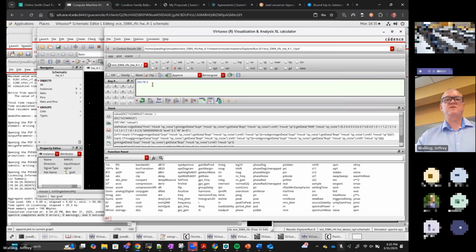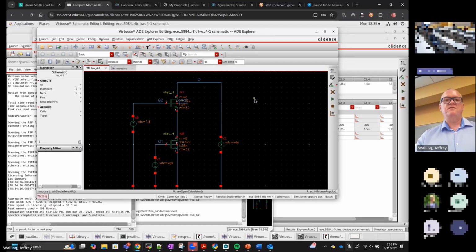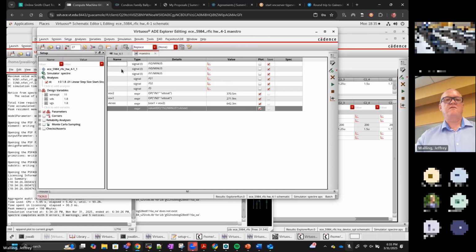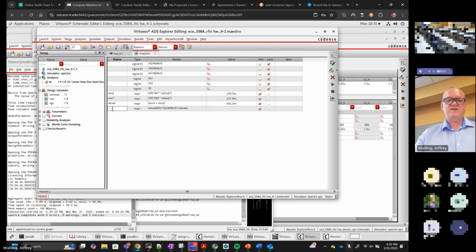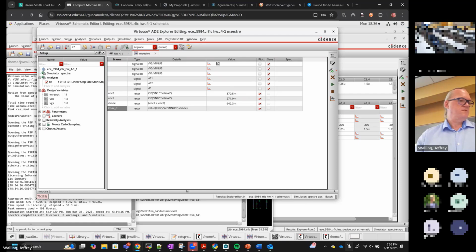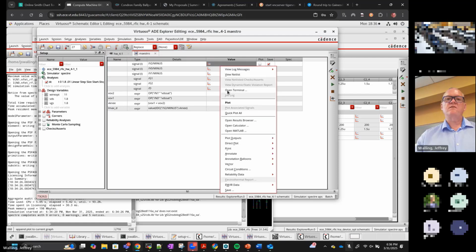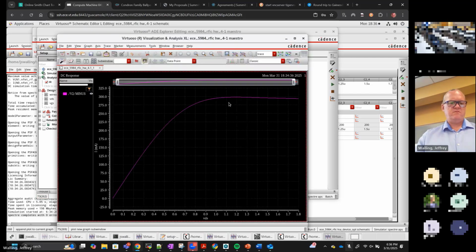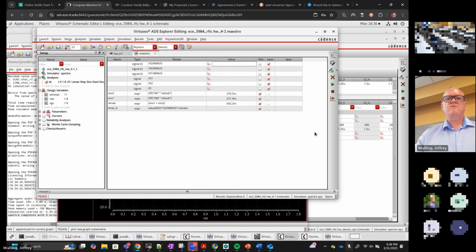And this is going to effectively tell me what the max drain current is.